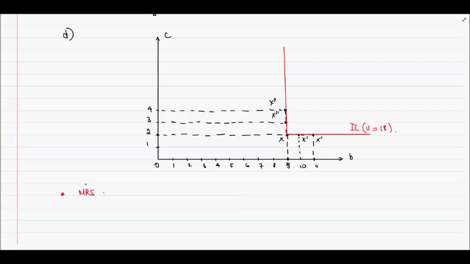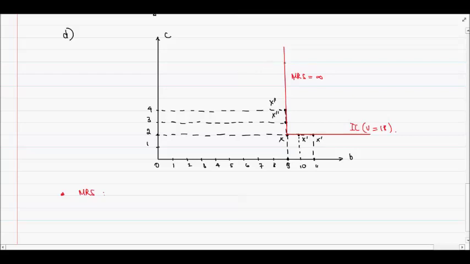The vertical section of the indifference curve has a marginal rate of substitution, or slope, of infinity. The reason for that is because we know that the marginal rate of substitution is the slope of the indifference curve, which measures, if you're increasing consumption of one unit on the horizontal, how many units on the vertical you will have to sacrifice to keep you on the same level of utility.